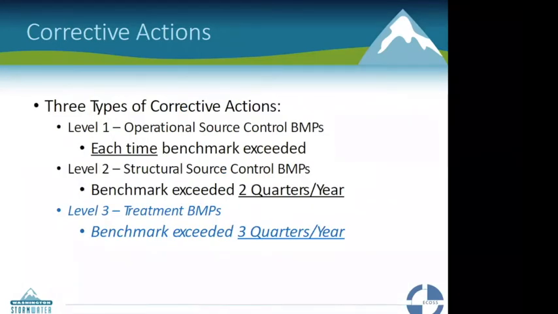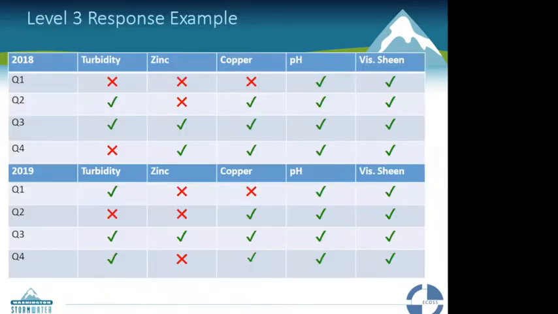The final type of corrective action is level 3. And this is where you come into treatment BMPs. That means you've exceeded benchmark 3 quarters in a year, three out of 4 samples. So here's an example where you have turbidity and zinc in this year. So you're level 2 in 2018, but all of a sudden you have come into level 3 with zinc here.